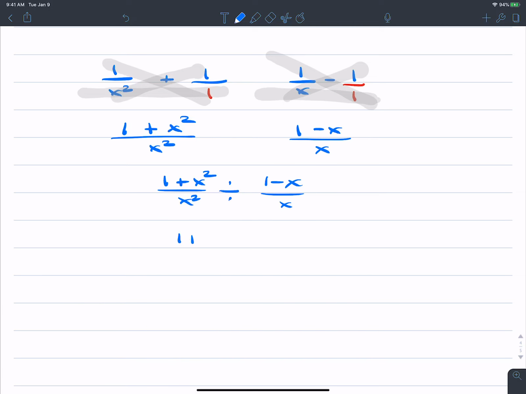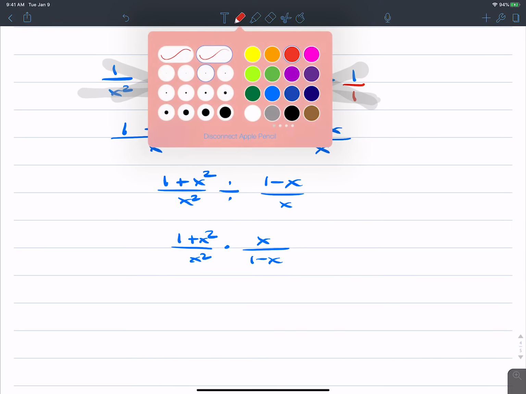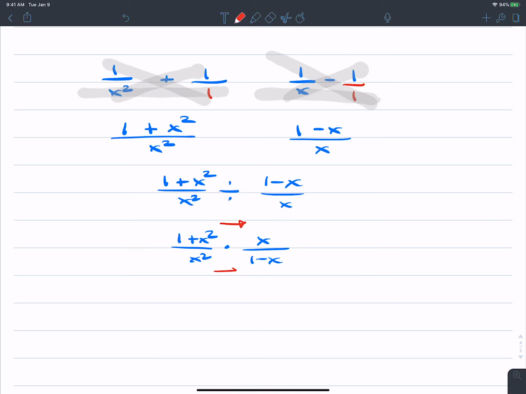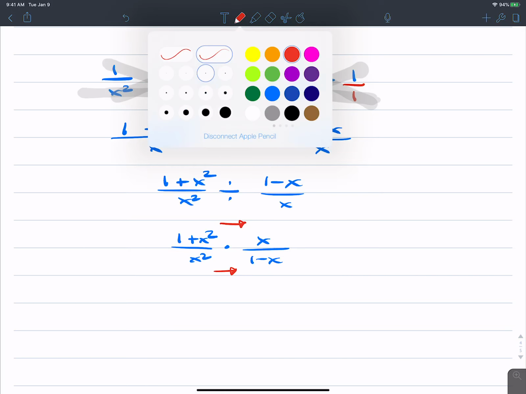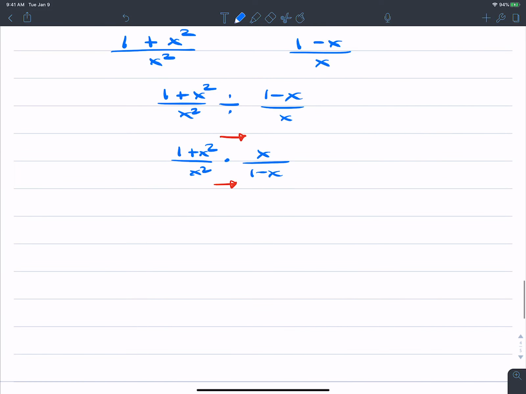And whenever you divide fractions, you flip over the second fraction, x over 1 minus x, and you multiply. So as you multiply here, you get 1 plus x squared times x over x squared times 1 minus x.